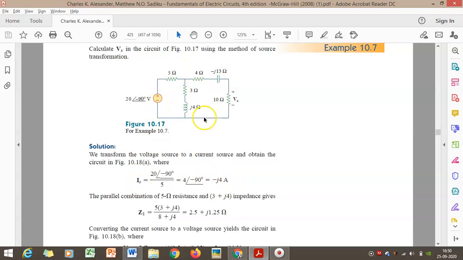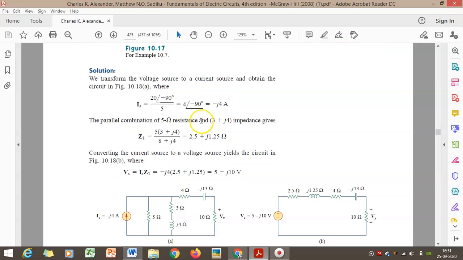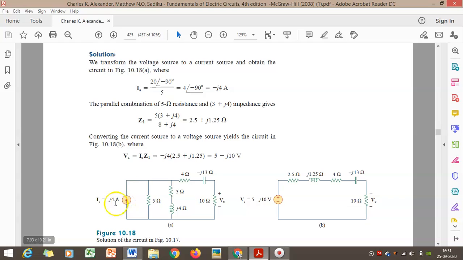Now the circuit changes into a different form, as shown in the circuit below. The current source comes in with the series impedance in parallel form, and all the other circuit is the same. This is the first transformed circuit. Then we have to find Vx.